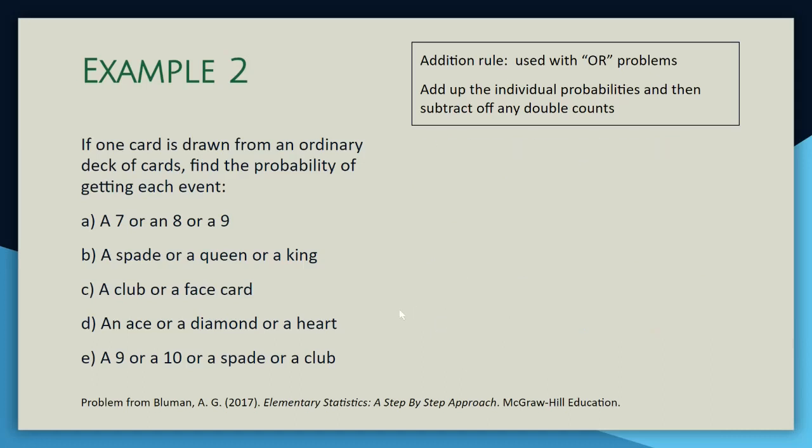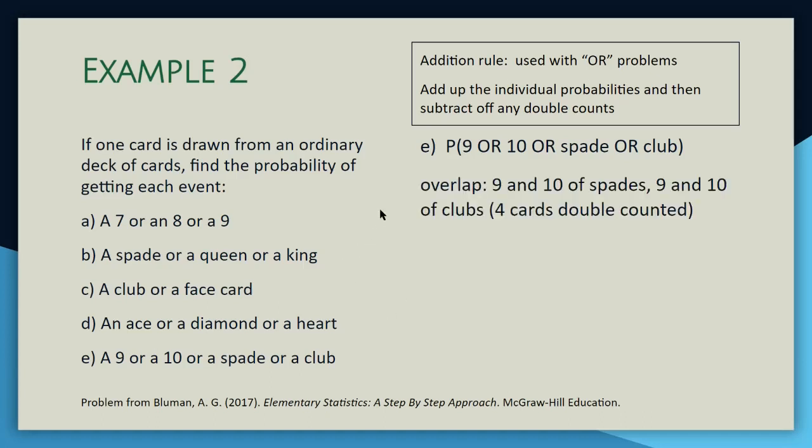Okay, for E, a 9 or a 10 or a spade or a club. Sounds scary? Same process as the last few. Start by looking for that overlap. We know 9 and 10 don't overlap. You're either or. We know spade and club don't overlap. You're either a spade or a club, not both. But there are a 9 and 10 of spades, and there are a 9 and 10 of clubs.